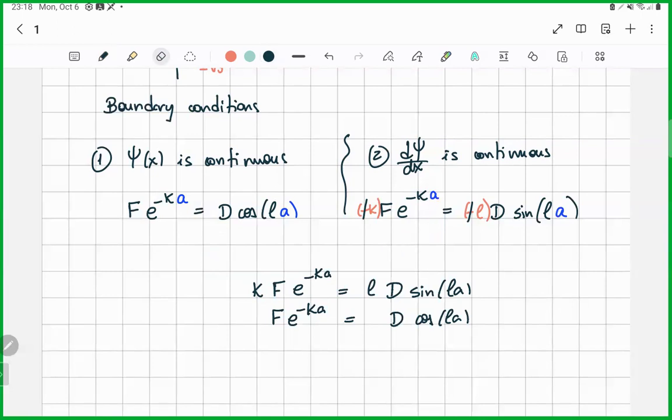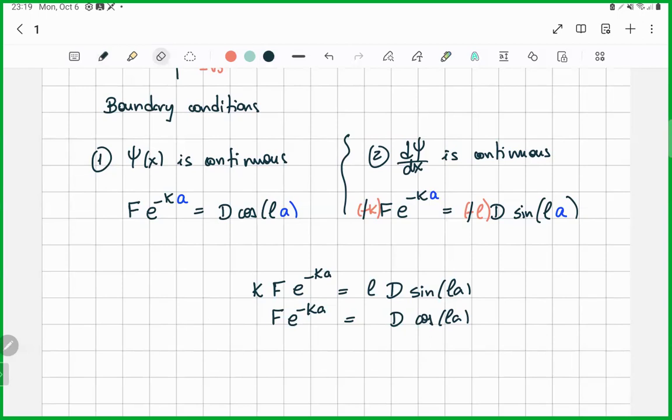And if I get rid of f and d, then we will have an equation that involves only kappa and L. Kappa and L is energy. So if I manage to get rid of f and d, I'll have an equation that will give us the allowed energies of the problem.